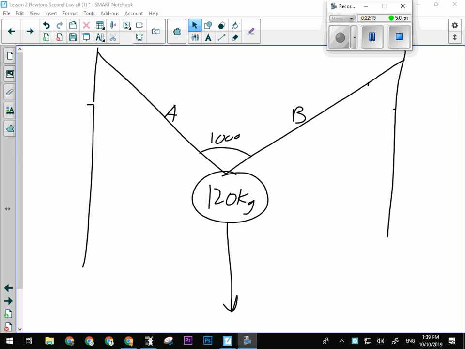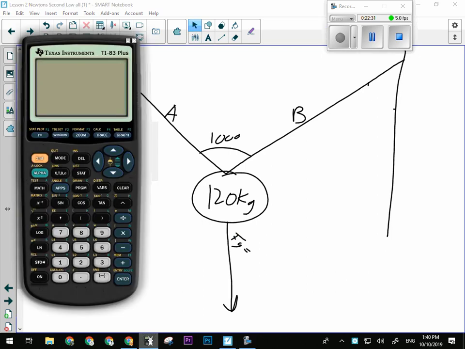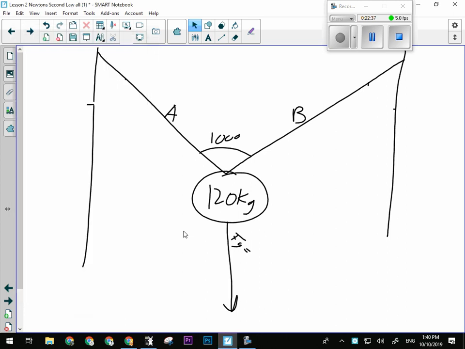Okay, so look in here, guys. The forces acting in this are that we have 120 kilograms hanging, which means there's a force of gravity acting on that 120 kilograms. So 120 times 9.81 gives us 1177.2 newtons.